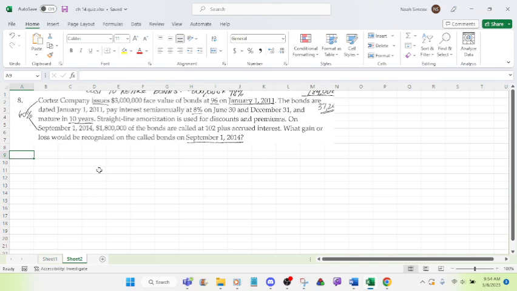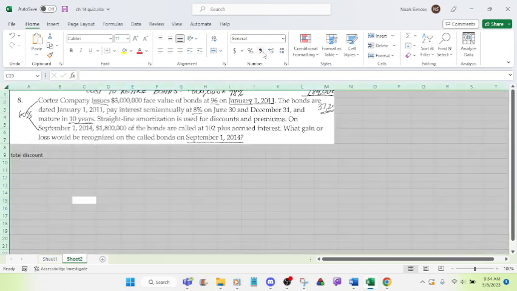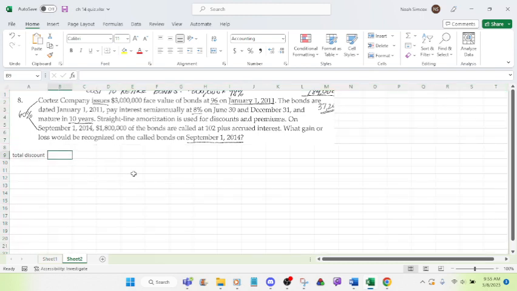So total discount equals 3,000,000 minus 3,000,000 times 0.96.